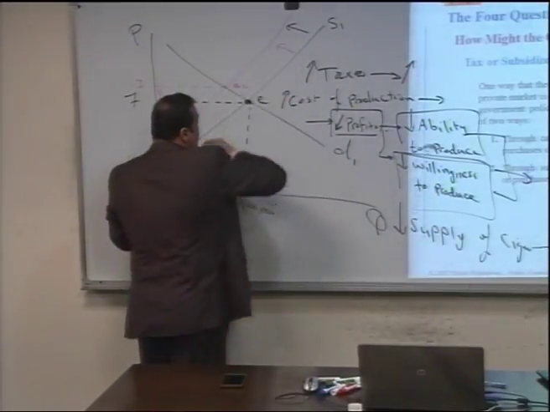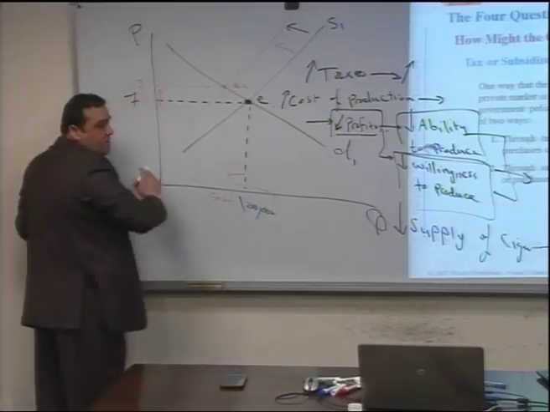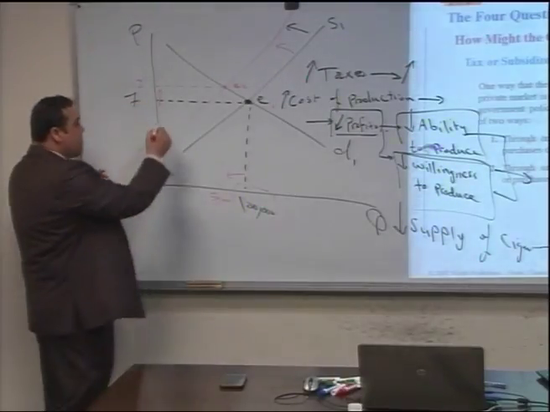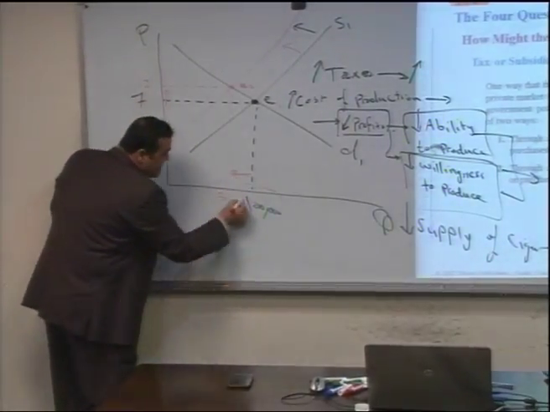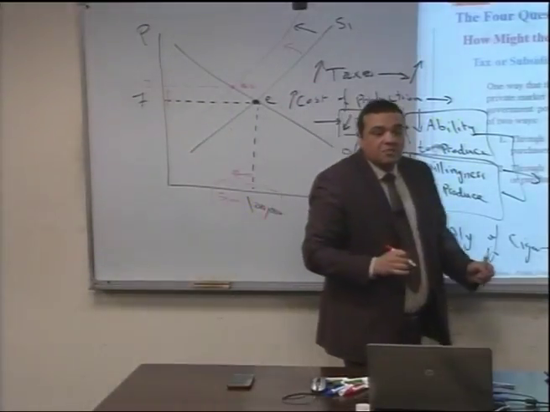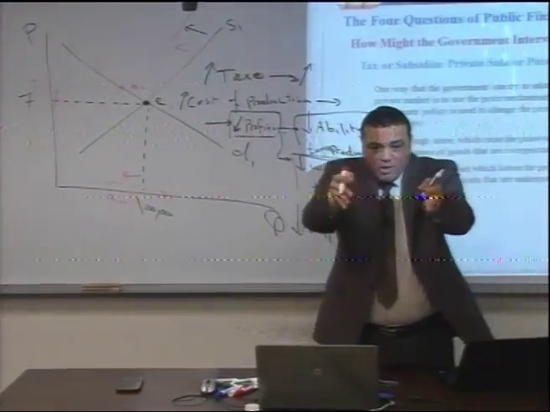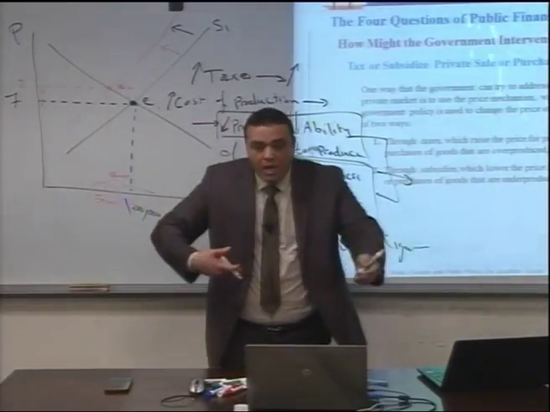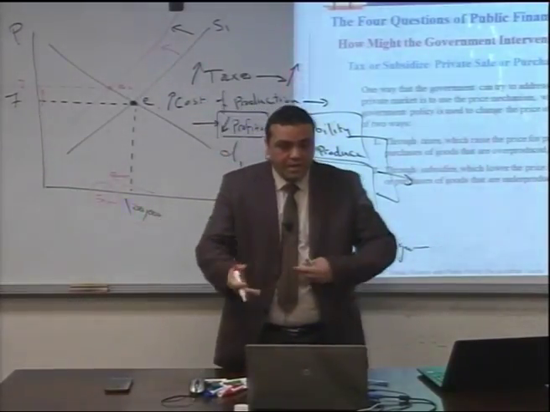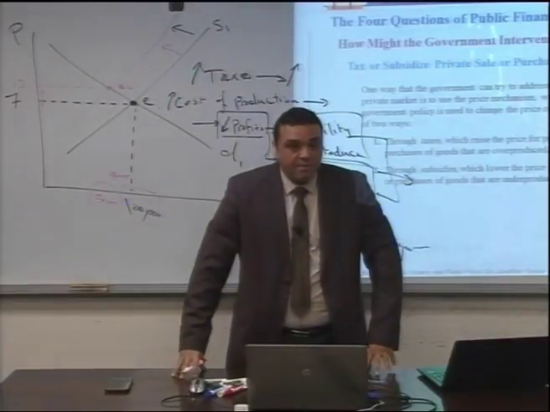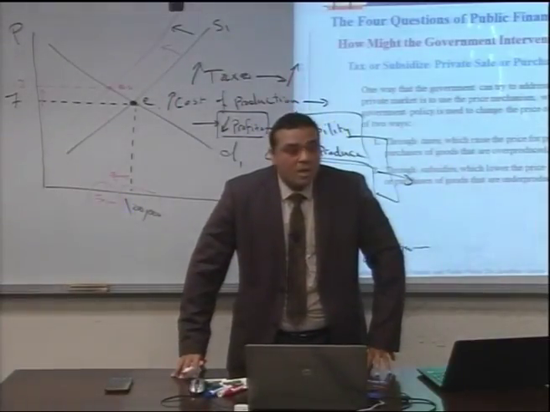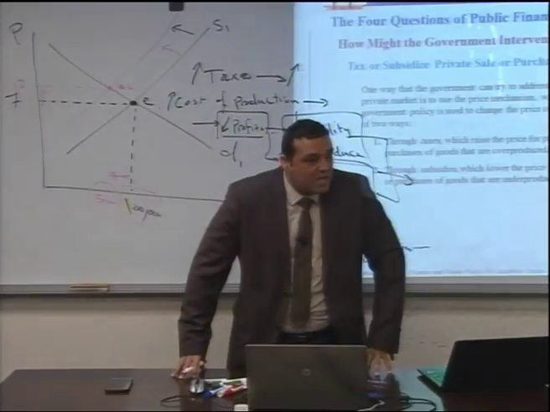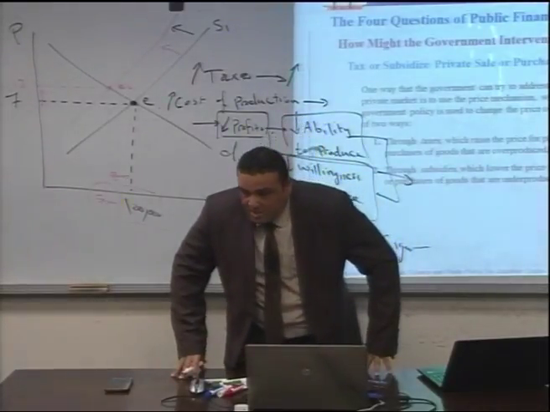This leads to a shifting of the supply curve. The price goes up, and at this point the government feels that this quantity of cigarettes must be the quantity exchanged in the country, because this quantity achieves the market efficiency.